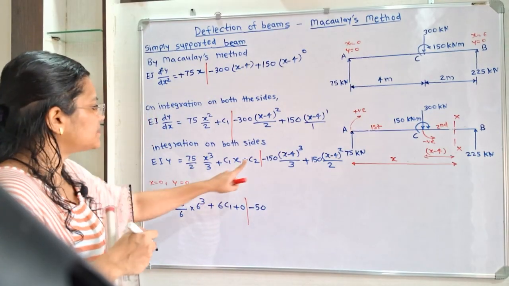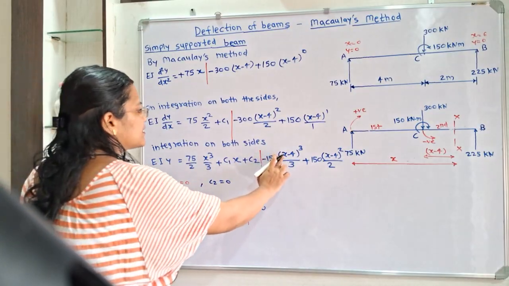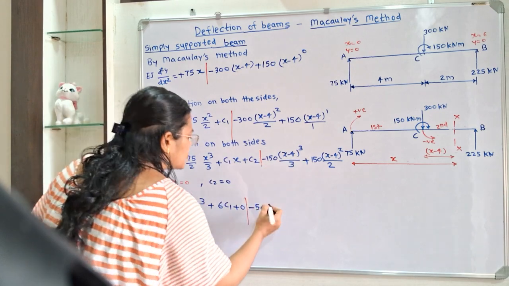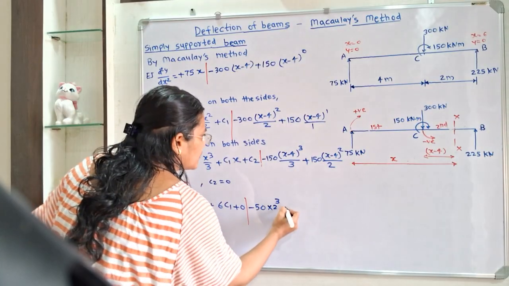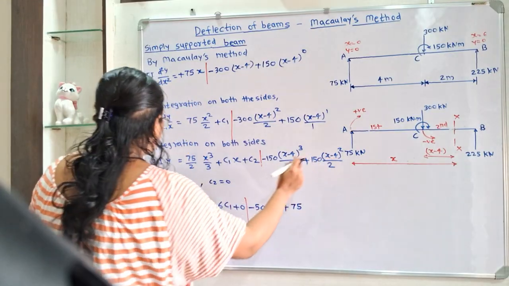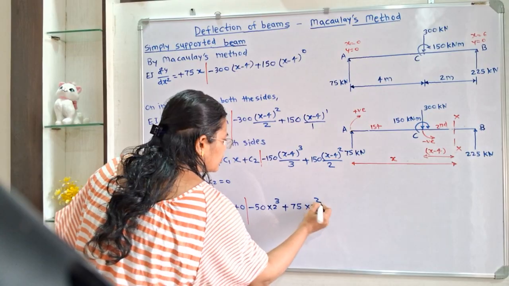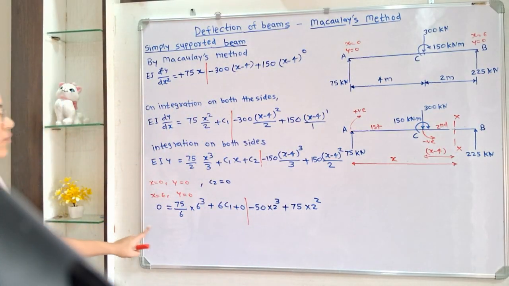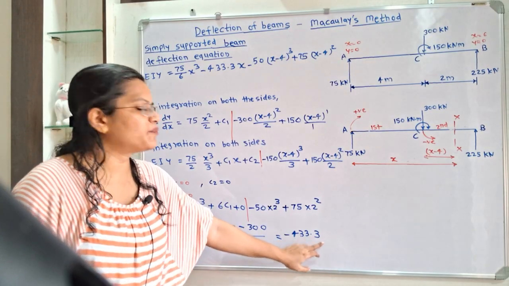We will simplify this. Minus 150 by 3, that is minus 50, and x is 6, so (6 minus 4), that is 2 raised to 3, multiplied by 2 cube. There we also have to take plus 75 multiplied by (6 minus 4) square, that is 2 square. So we have to calculate this and we will get the value of C1. We get the value of C1 is equal to minus 433.3.